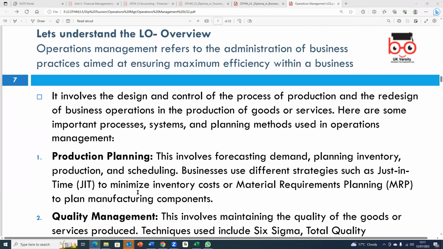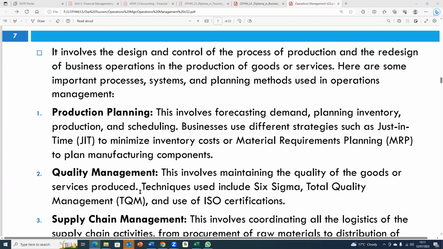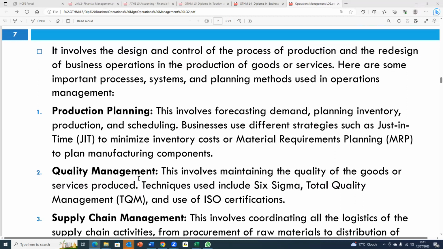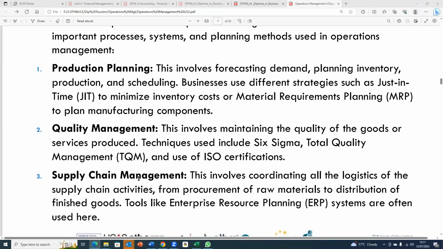Okay, so today's LO will be looking at processes, systems, planning, and methods used in operations, product planning or production planning. There are a lot of techniques that you can use.